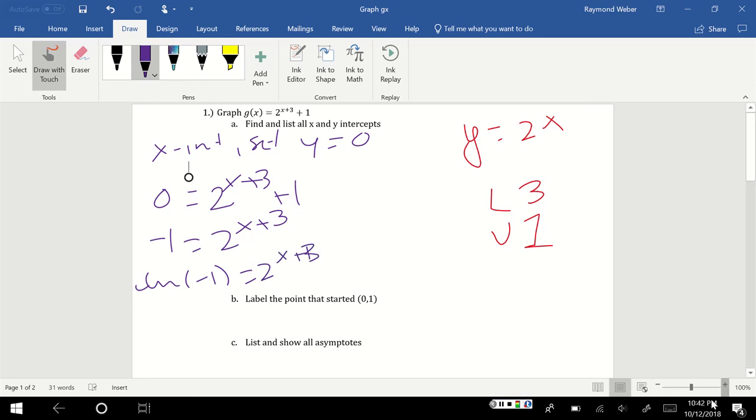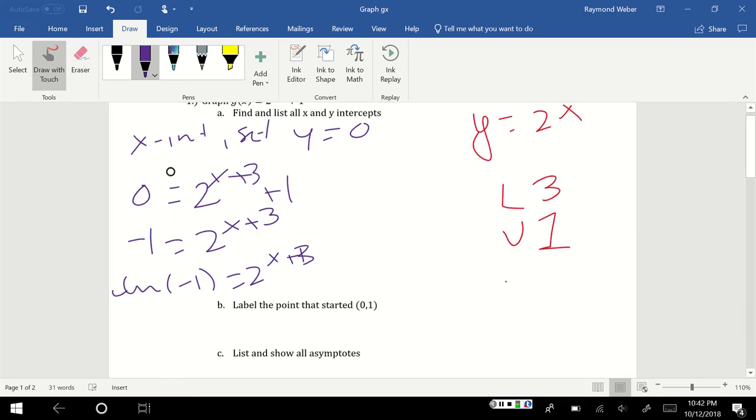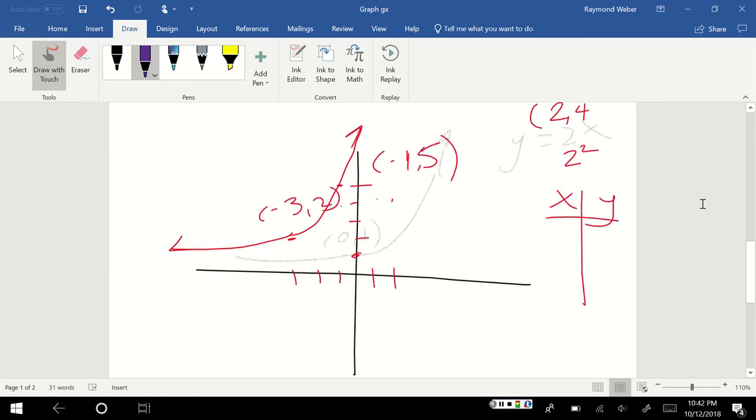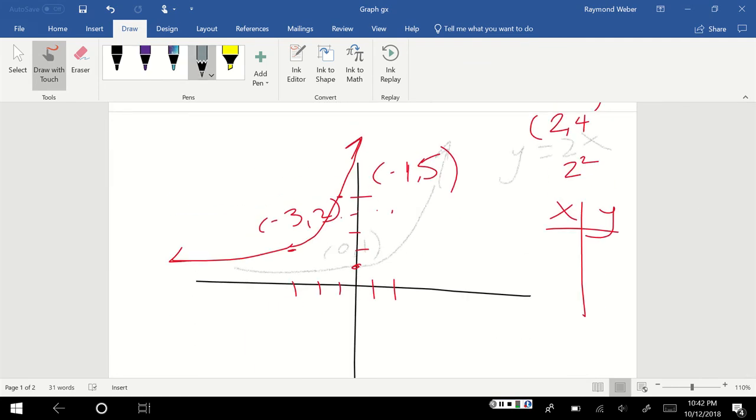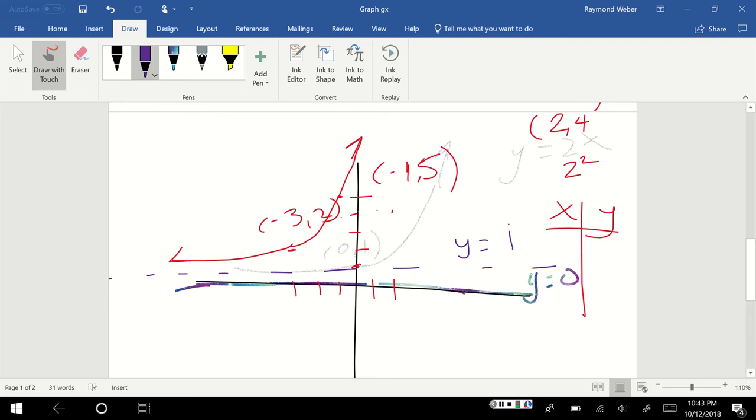Now, I did this out to show the process, but I actually already knew that. In the original graph, this is the original graph, there is an asymptote at y equals 0. There is now an asymptote at y equals 1 because the asymptote, just like the other stuff, all moves up via translations and our transformations.